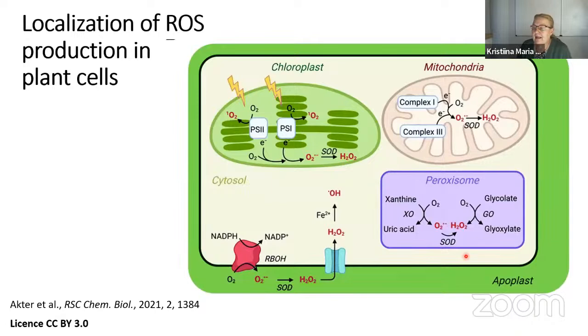They are mainly generated in different organelles like the plastids, chloroplasts, mitochondria, peroxisomes, and also in the apoplastic space of the plant cells. In addition, there are some other locations where this ROS production is taking place.